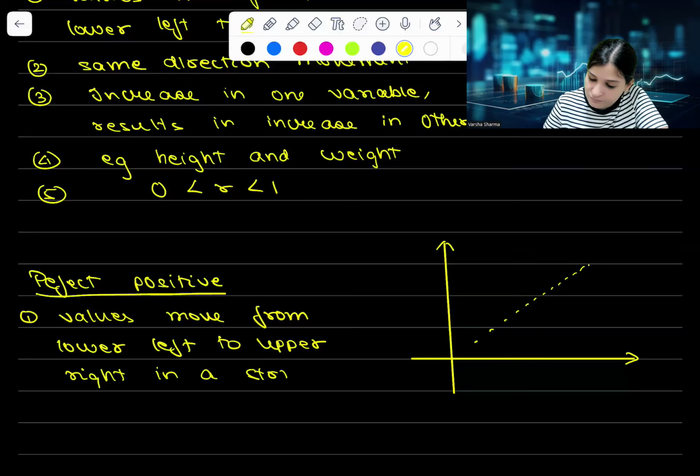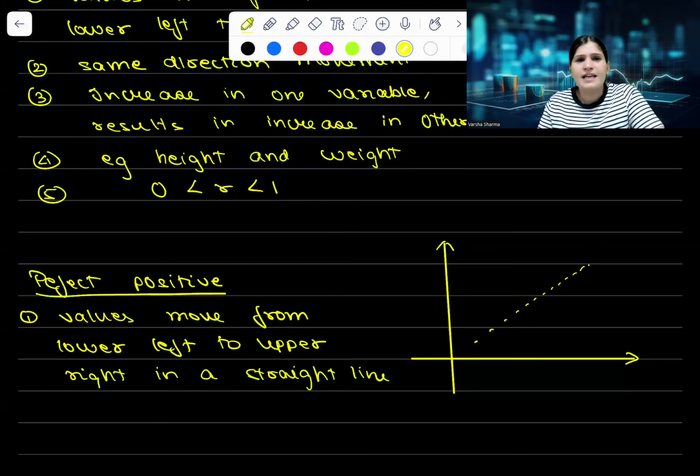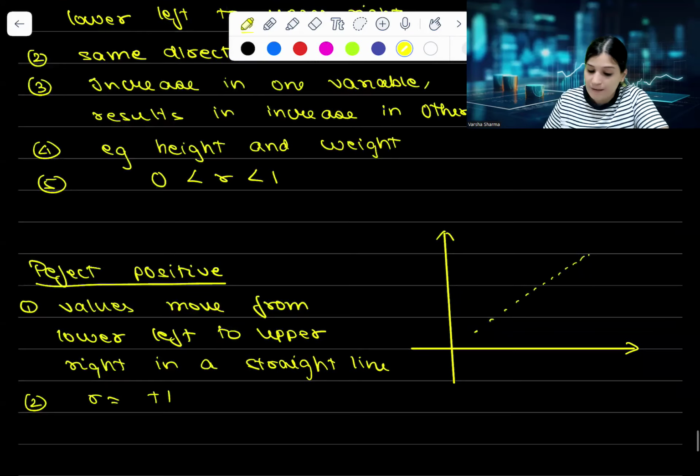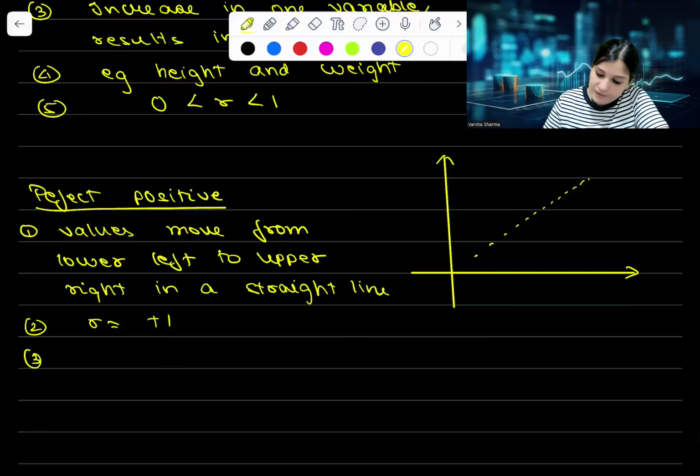Everything else is the same. Same direction, increase in one results in increase in other, decrease in one results in decrease in other. And in this case, R will be plus 1. For example, 2x minus 3y equals 6.